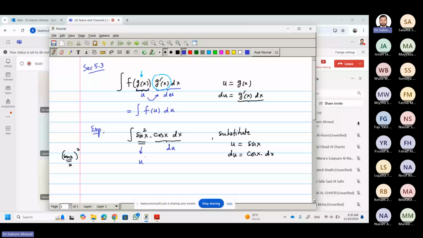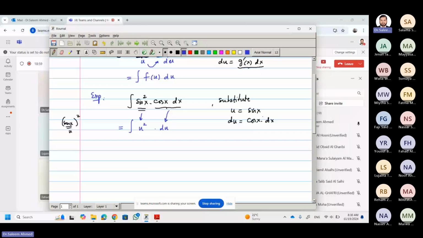So my integral has been converted to u by this given substitution. Now we know that the integral of u square is just u cubed by 3 because the variable u and the d are both with respect to u. So if these variables are the same, I can use the formula for integration.